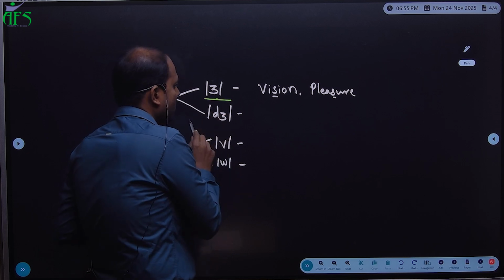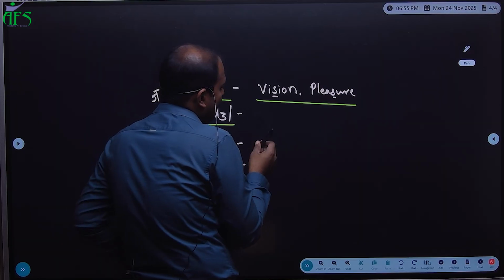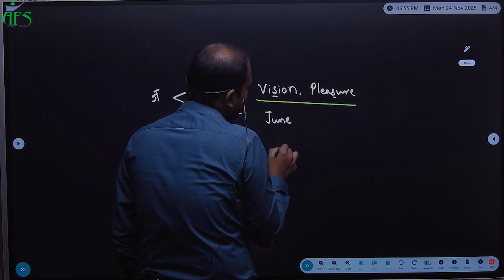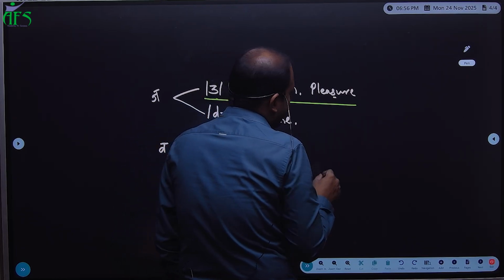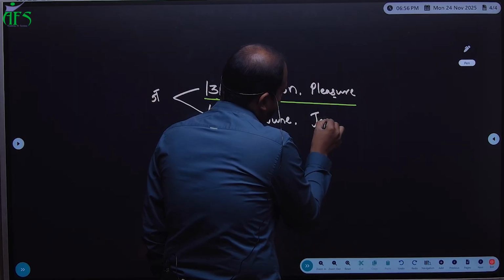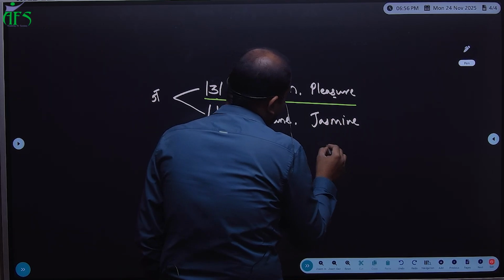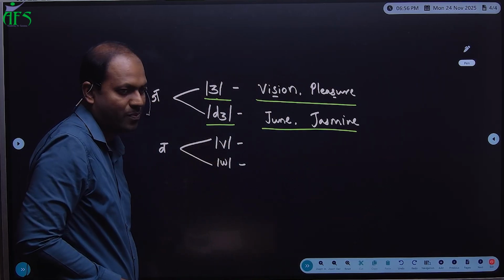And for the other j, the letter j is used, for example, June, or Jasmine. So these are examples of this j.